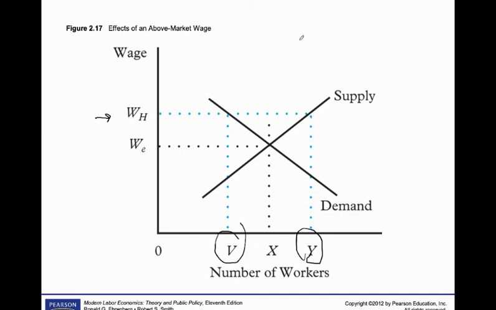The difference is shown by Y minus V, and because the supply as shown by point Y is larger while V is smaller, over here we have a case of surplus of labor in the economy.